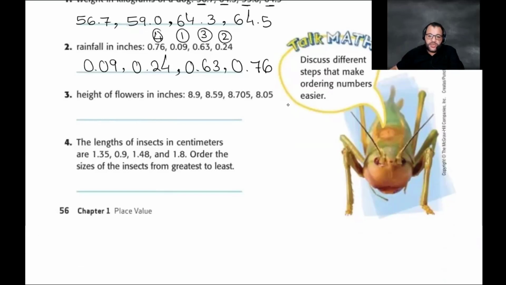It will be easy if I write it vertical. So I will write 8.9. I will put all of the points under each other. The second, you must put 2 zeros, because I will complete the zeros now. To find the missing 8.705 and 8.05. Now we need to complete the zeros.